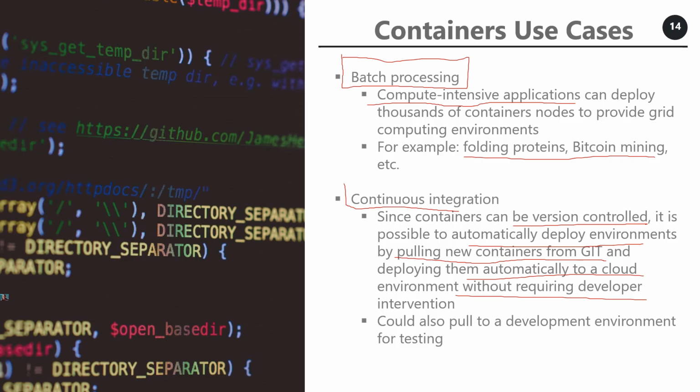It's a file, so you can just pull it from the repository and update it automatically. Can also pull to a development environment for testing. Again, it's a container, like a real container that you can move around. So you can move it to a development environment for testing.